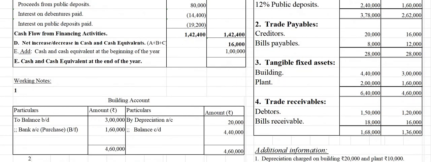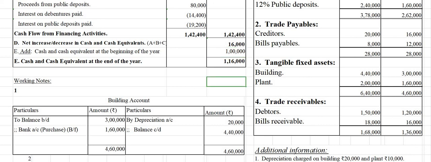That we have to write. If we add this 16,000 and 1 lakh, we will get 1,16,000. So if adding the net increase or decrease in cash and cash equivalent with the cash and cash equivalent at the beginning of the year gives us cash and cash equivalent at the end of the year, the problem is correct. That is the way to find out whether the problem is correct or not.